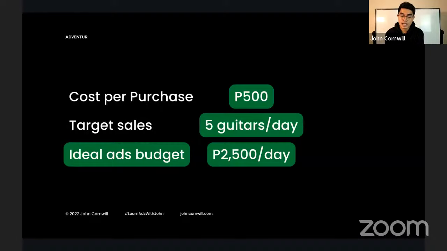So yung ideal ads budget mo is nasa 2,500 a day. You got it? So again, instead of just guessing kung magkano ba dapat yung budget ko, dapat alam mo yung cost per purchase na kaya mong i-spend at saka yung target sales mo.